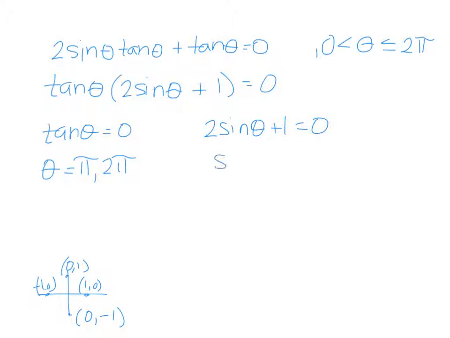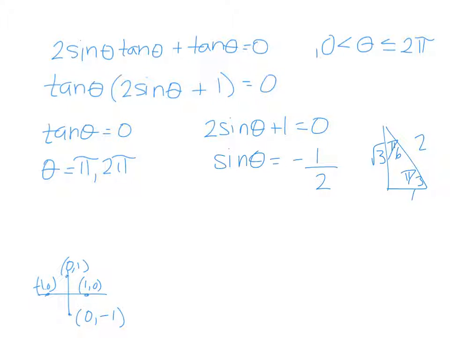Isolate sine theta in this one and we get sine theta equals -1/2. Subtract 1, then divide by 2. So that's going to be this special triangle, 1, 2, root 3 with the pi over 3 and pi over 6. So we need to say which of those two angles has a sine of 1/2.